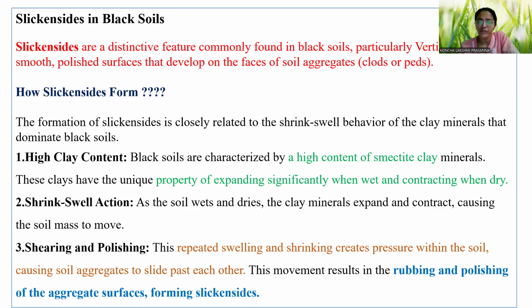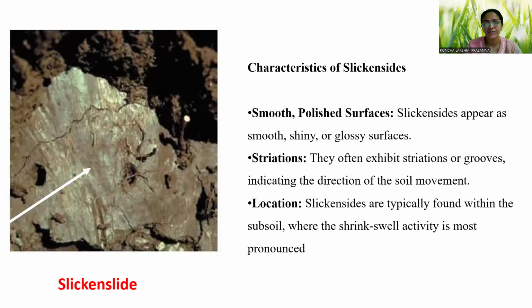The repeated swelling and shrinkage of clay creates pressure within the soil. When the pressure is created, the soil aggregates tend to slide over each other. This movement results in the rubbing and polishing of the aggregate surface, thereby causing the slickensides.